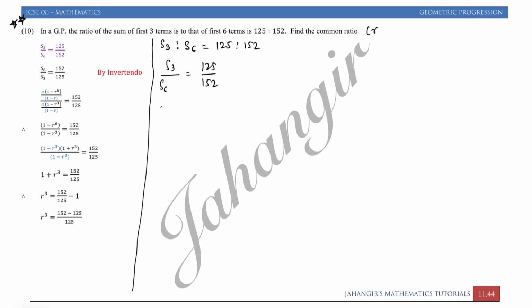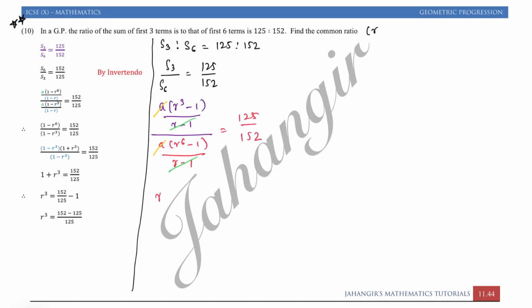So here I will take A into R raised to 3 minus 1 upon R minus 1 whole upon A into R raised to 6 minus 1 upon R minus 1. So if you will see, you can cancel these two terms. You can cancel A and A. What is left we will write is equal to 125 by 152.